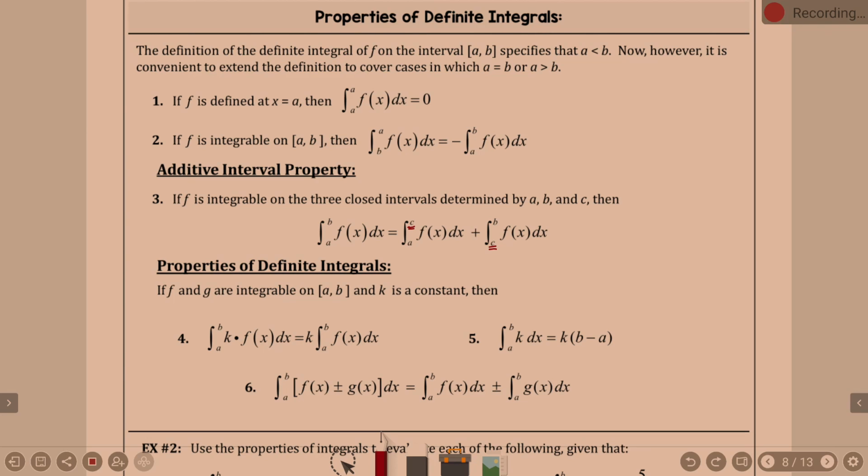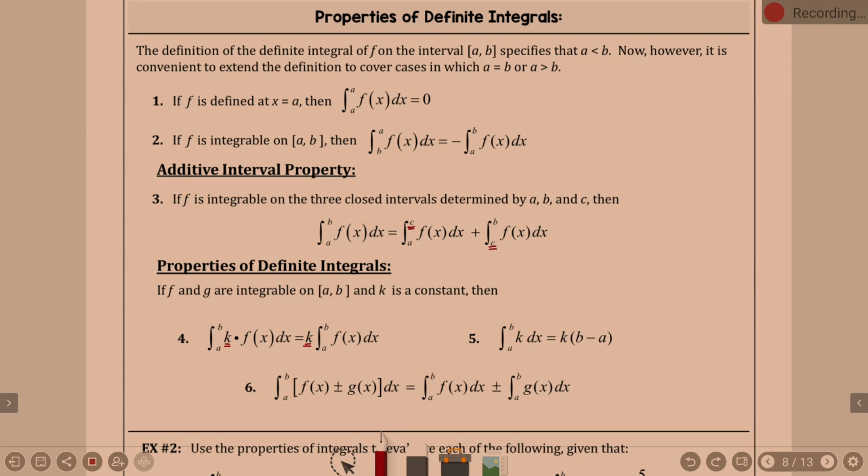Let's see. Haven't talked about these as much here, but they're all things we know. So if k is a constant, so if you have an integral from a to b and you have a constant times a function, an option here that is helpful at times is you can just pull the constant out front. Okay? Same thing is true here. Oh, wait, no, this is something else, sorry.